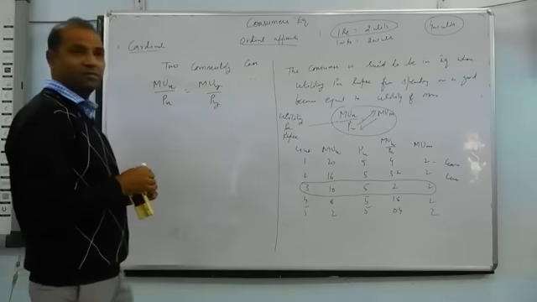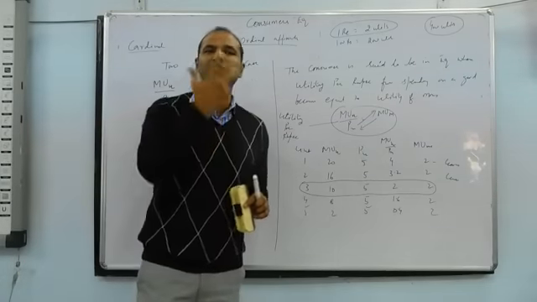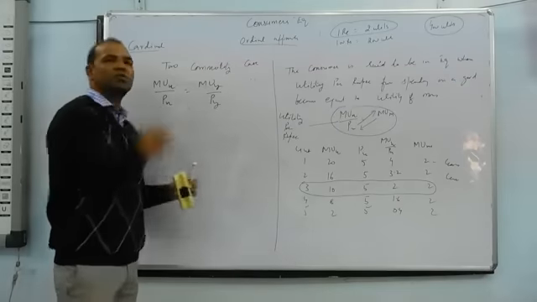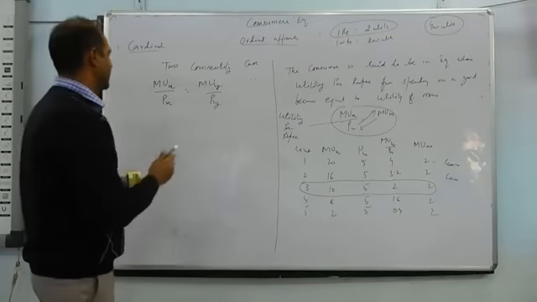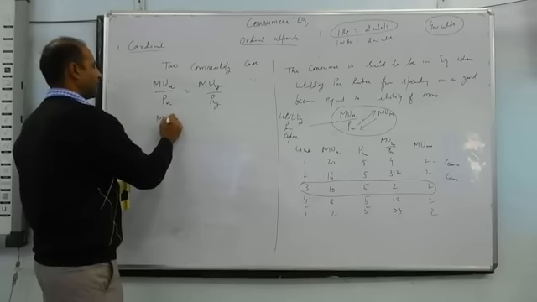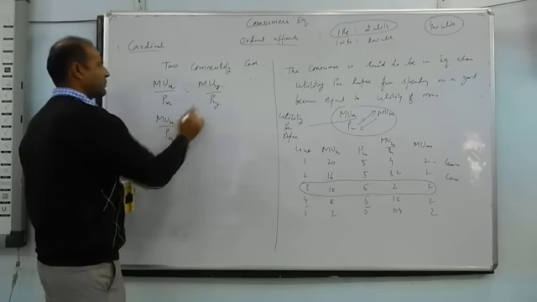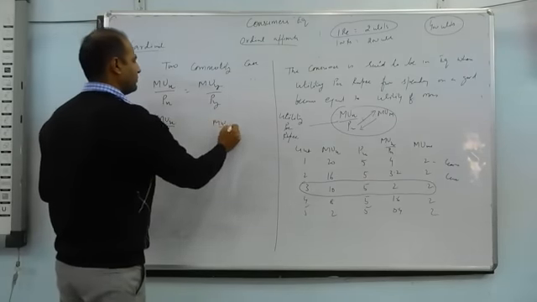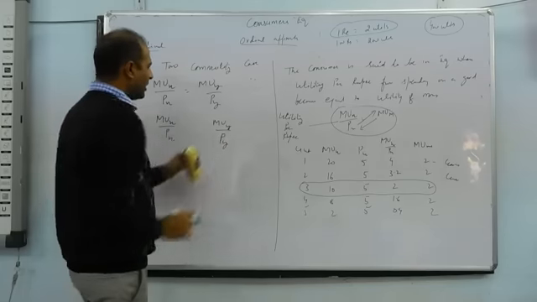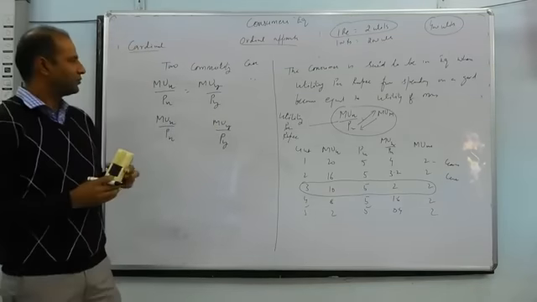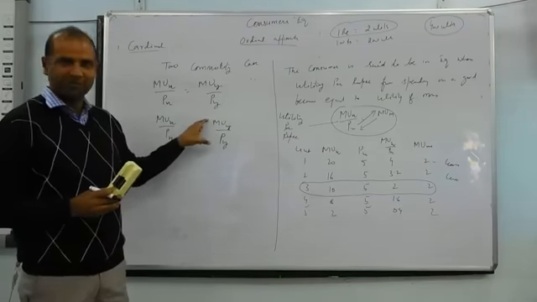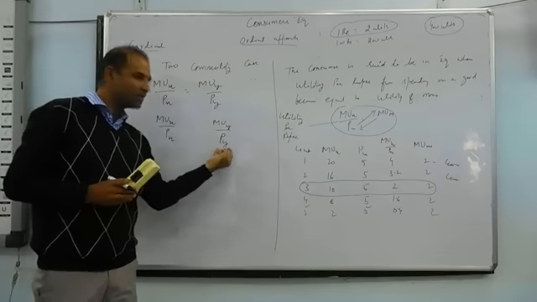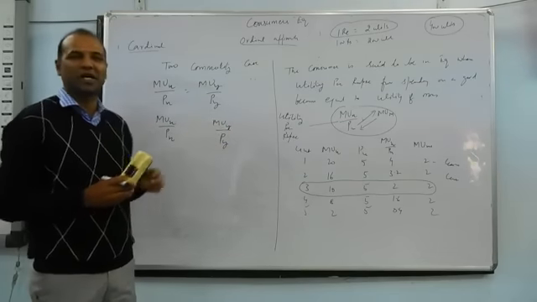The question says, suppose price of good Y increases, तो अब कंज्यूमर क्या करेगा? देखिए MUX upon PX and MUY upon PY. अगर प्राइस ऑफ गुड वाई इंक्रीजेस तो ये रेशियो कम हो जाएगी, क्योंकि ये उतना ही है, बट प्राइस बढ़ने से ये छोटा हो जाएगा, कम हो जाएगा.